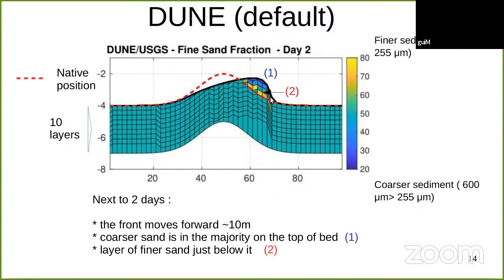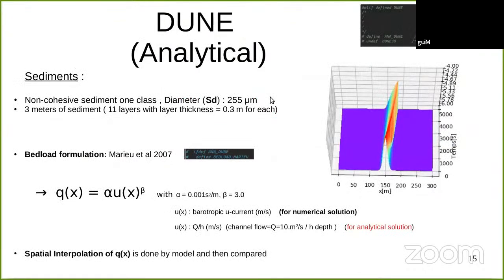So what we can learn about this case, and the other one, the subcase, is analytical. As I said, the idea here is to check if CROCO will fit well the analytical solution from Marius.